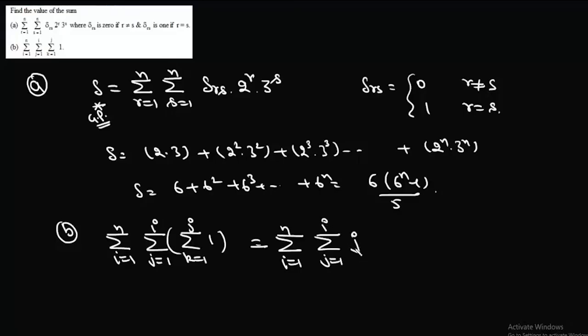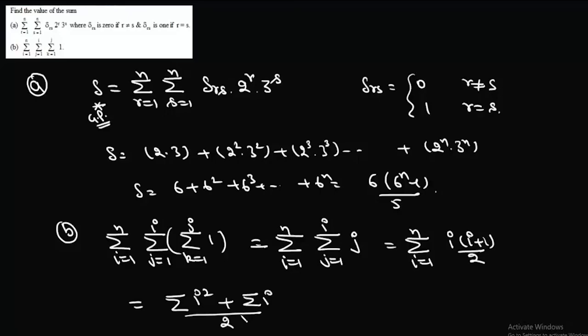Now summation j is i into i plus 1 by 2, so we can write this as summation i varies from 1 to n, i into i plus 1 by 2, or this is summation i square plus summation i, divided by 2.